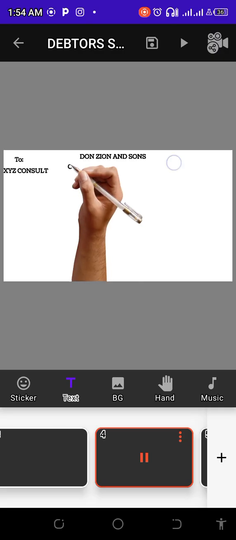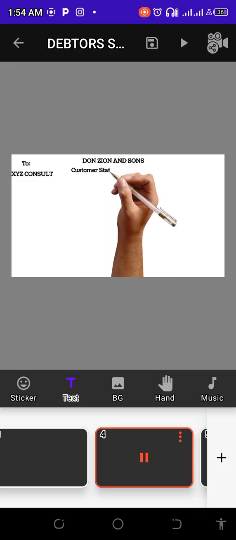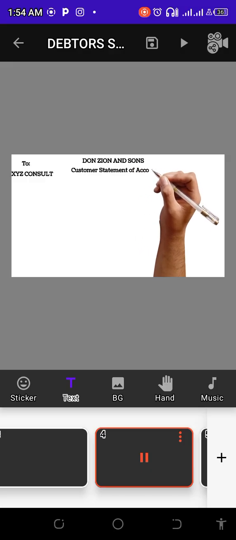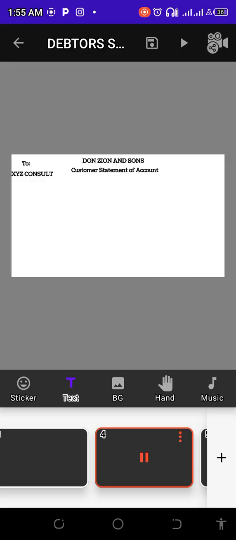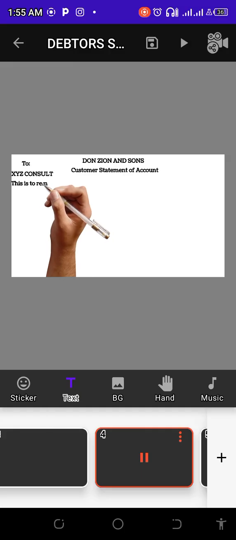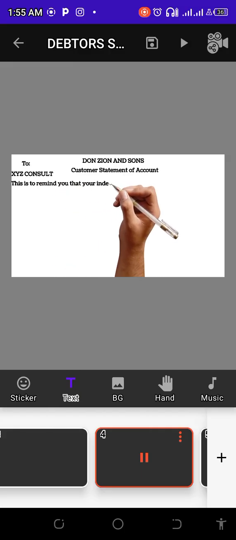Now there must be a date in this document. The title of the document, Customer's Statement of Accounts for the month of January, as at January 30th, 2025.